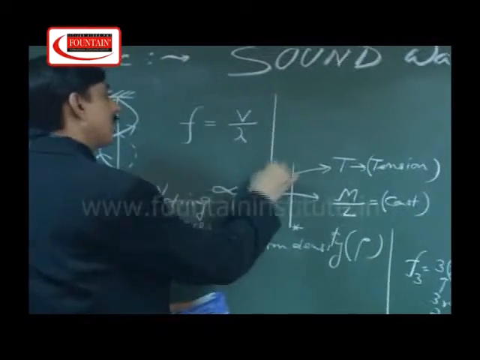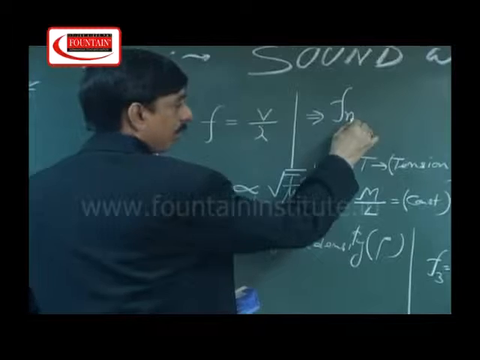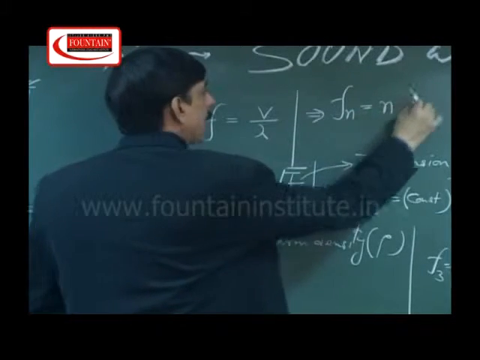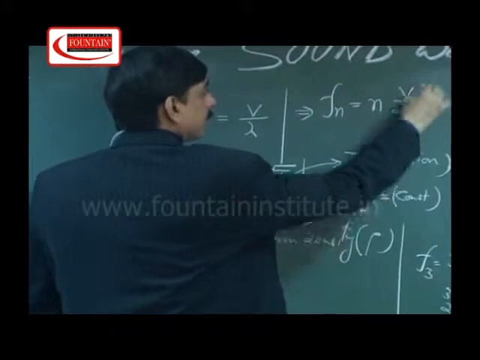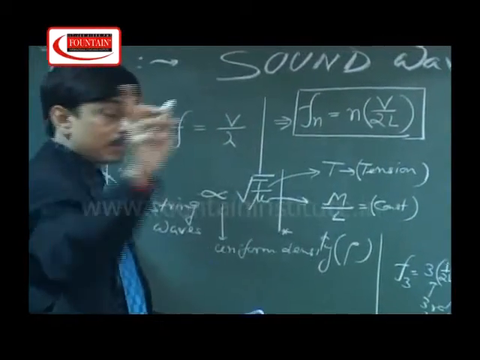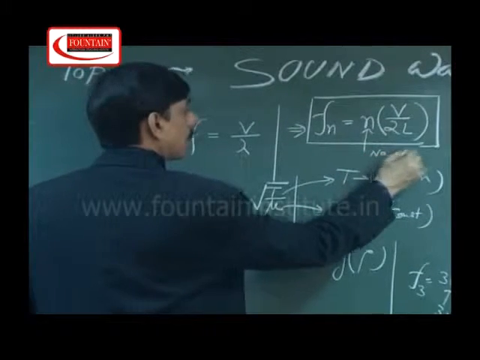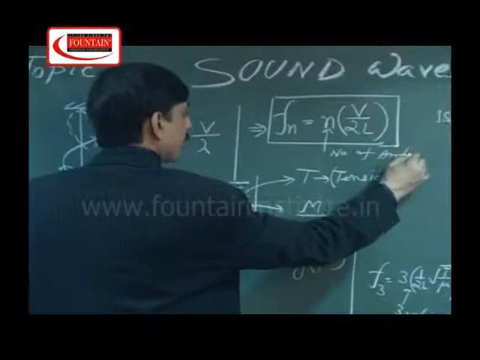But for the fundamental concept, we can write down fn for the string as n times v by 2L. N here, definitely you must remember, is the number of superpositions or number of antinodes. So this is the number of antinodes.